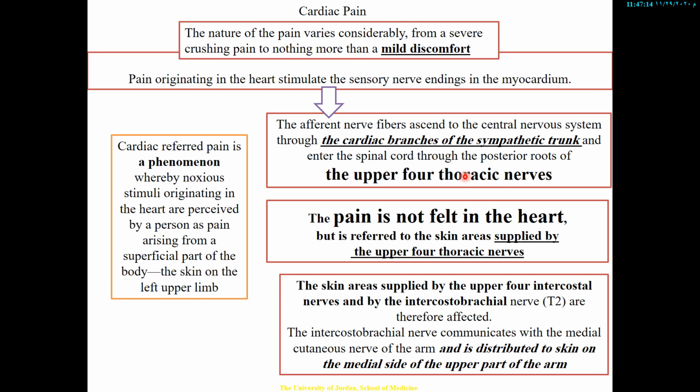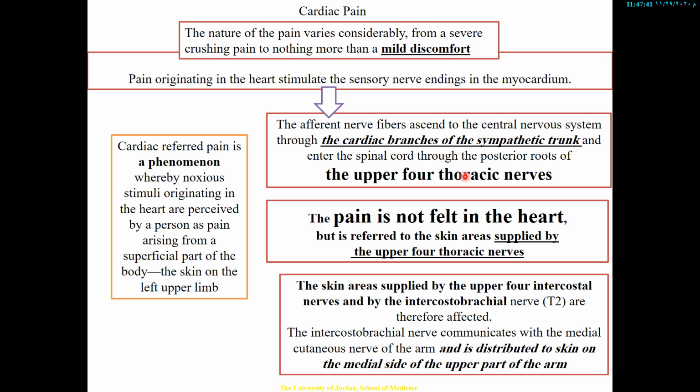Now, remember that the heart is in the middle mediastinum, and the whole middle mediastinum is located in the inferior mediastinum, and the inferior mediastinum is located below the level of the plane between the sternal angle and the intervertebral disc between T4 and T5.